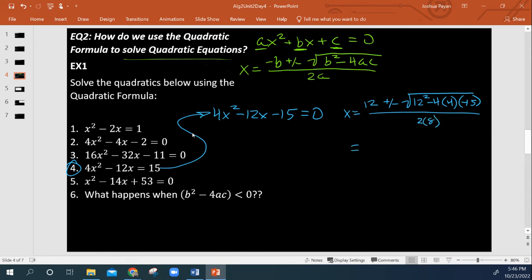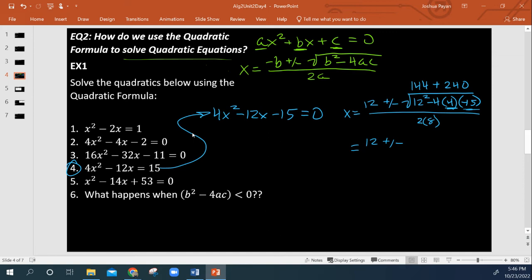Okay, so now, again, we're just simplifying. This is going to be 144 minus, so 60 times 4, so it's actually going to be plus 240. Okay, so 15 times 4 is 60, and that's negative 60. Negative 60 times negative 4 is positive 240.